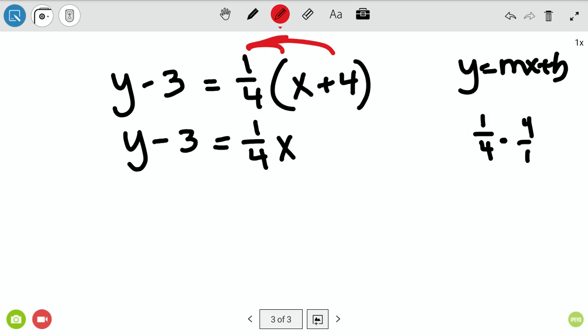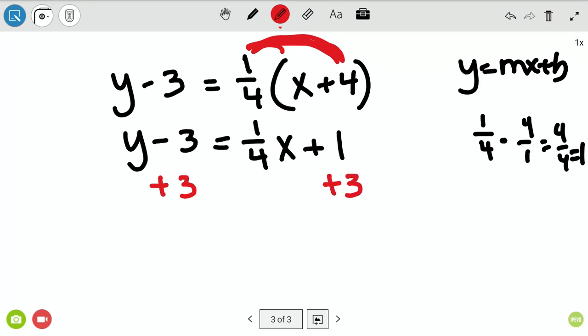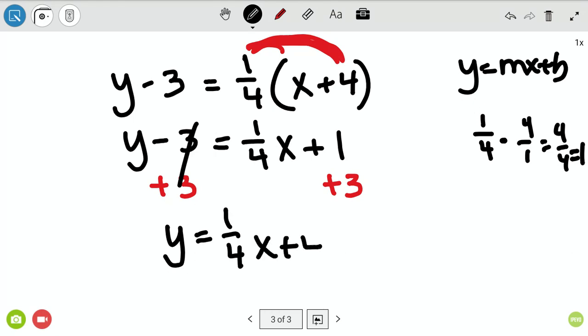That's this part of the distribution. We're taking 1/4 times 4. And when we do that, we get 4 over 4, which equals 1. And it's positive and positive, so it's going to stay positive 1. And then we need to add 3 and add 3. And when we do that, we get y equals 1/4 x plus 4.